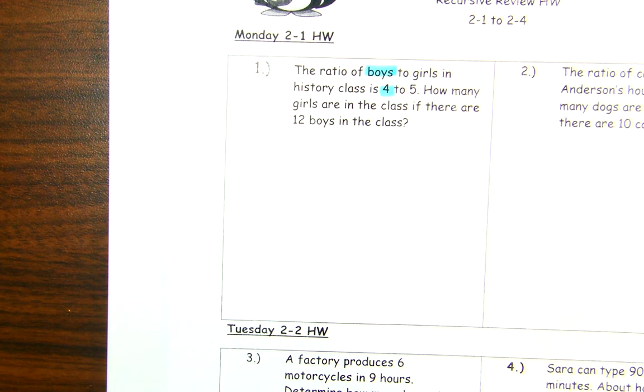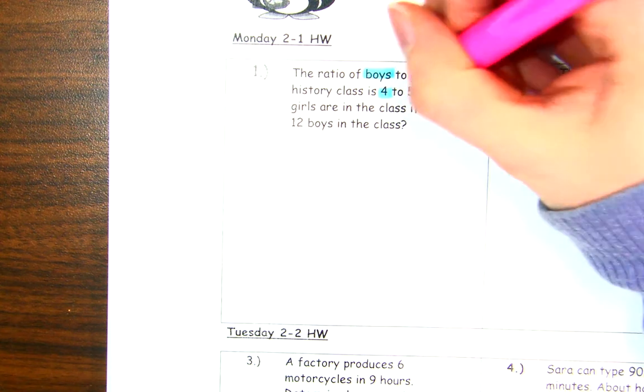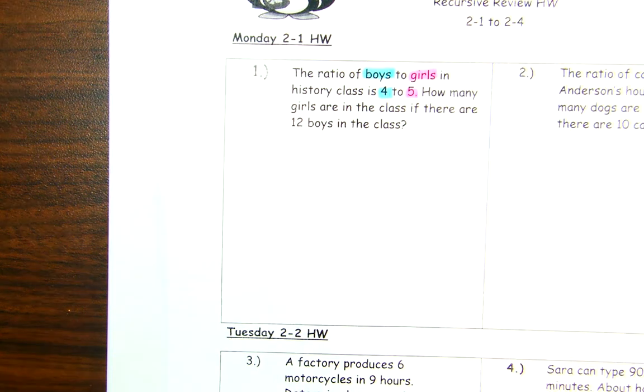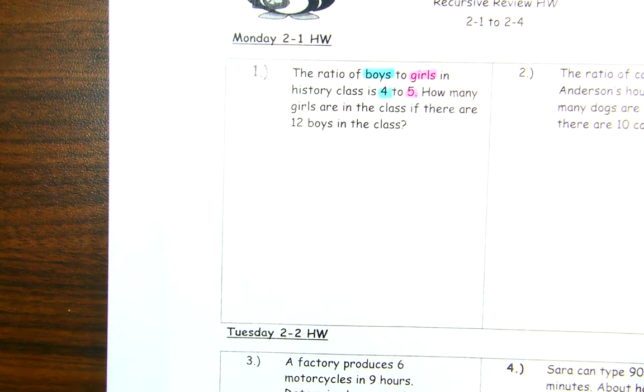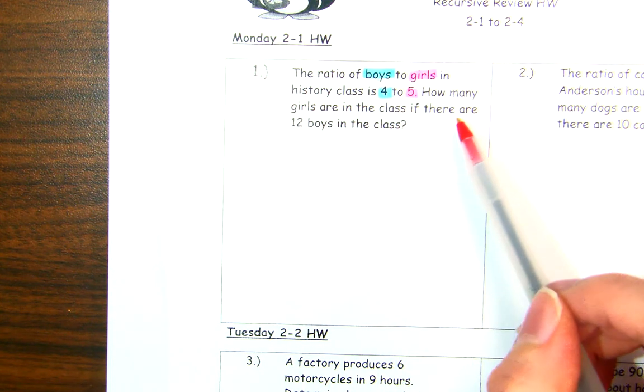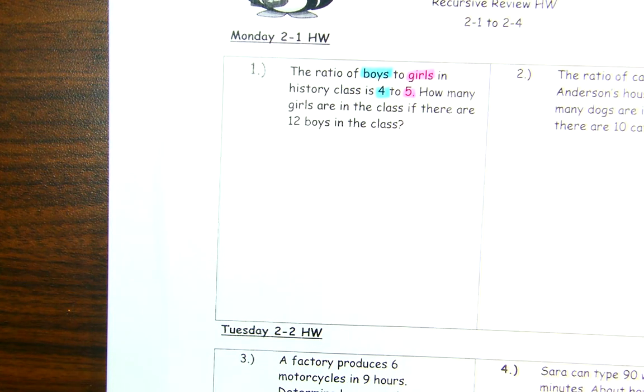Now I'm going to pull out a highlighter for girls. And I see that girls is represented by the number 5, because the order in which the labels are said is the order in which the numbers are supposed to be as well. And the one thing we really want to pay attention to is reading our question carefully.